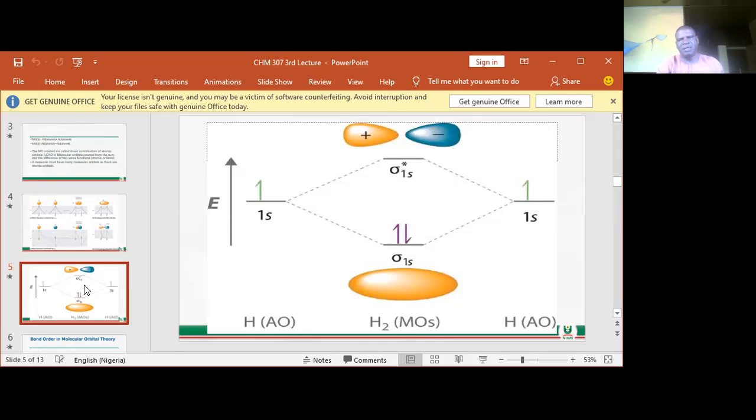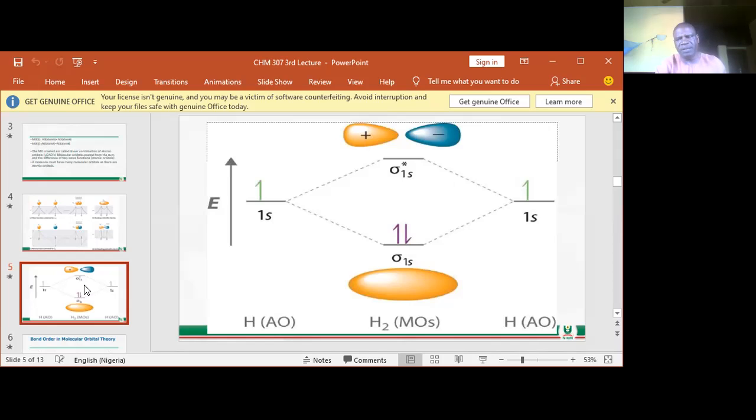That is, the two electrons are there. Now, considering the fact that hydrogen has only one electron, and the two electrons have gone into the lower energy molecular orbital sigma 1s, there is no available electron again that can go to the antibonding sigma 1s molecular orbital. Hence, there are no electrons at the antibonding molecular orbital, but there are two electrons at the bonding molecular orbital.